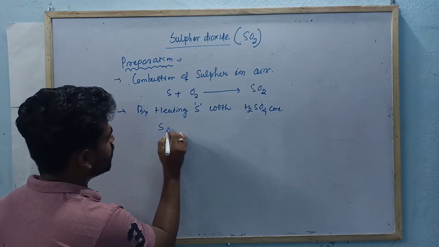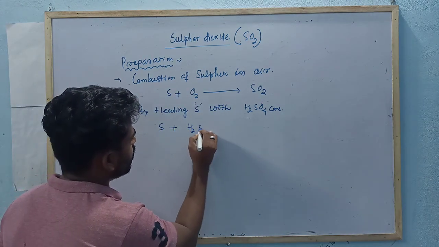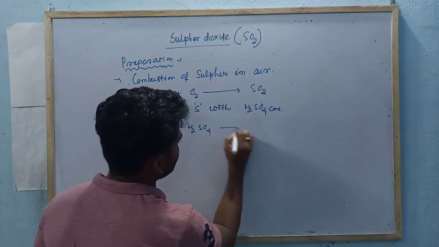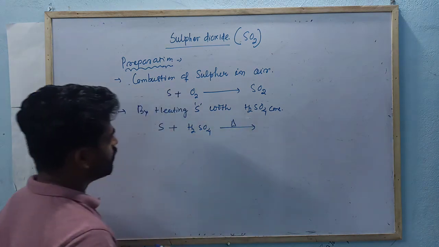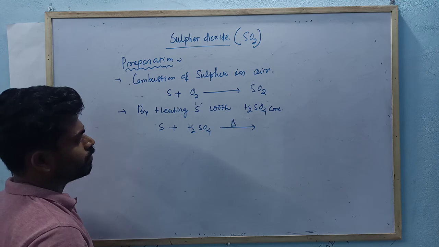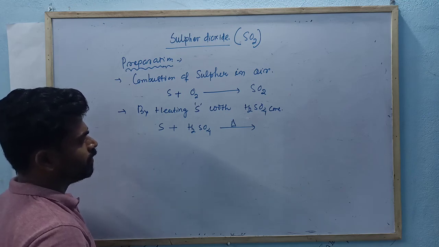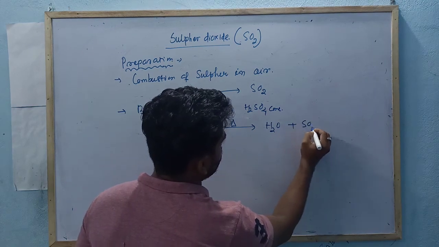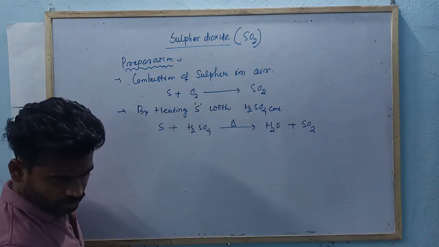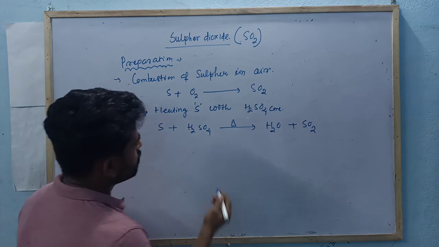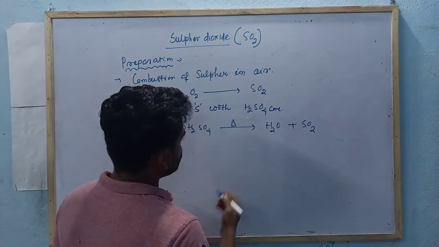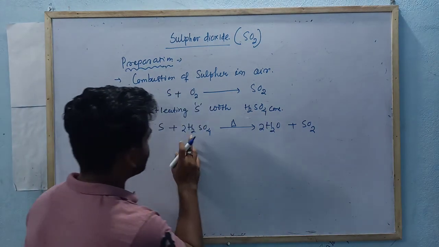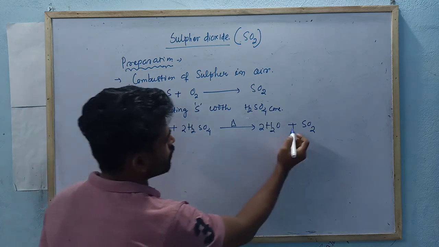The reaction can be written as S plus H2SO4, on heating, gives you SO2 plus water. Balancing it, the number of sulfur atoms will be 3 over here.